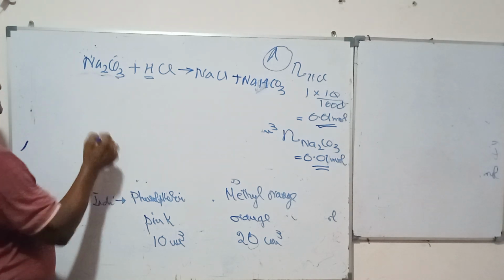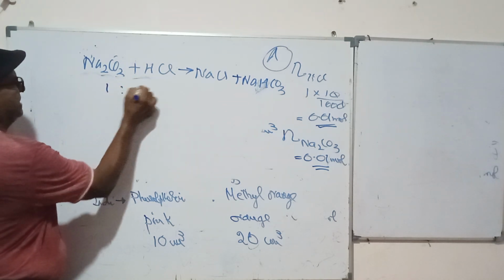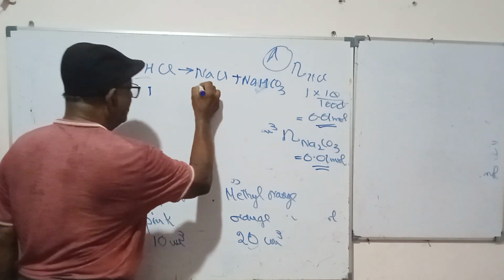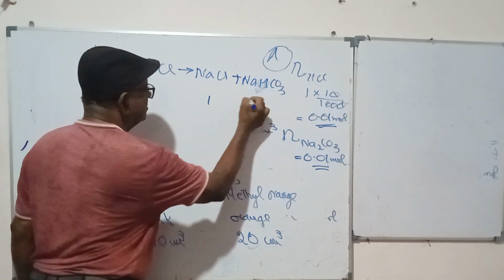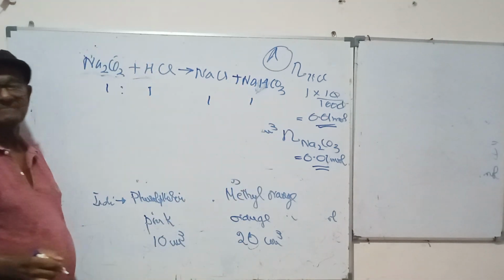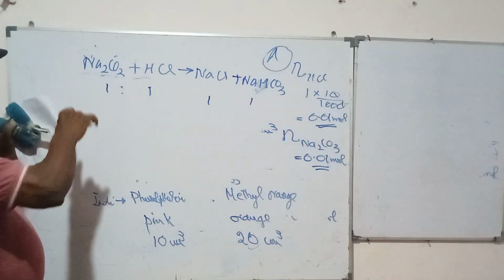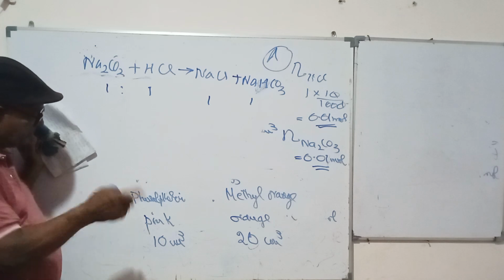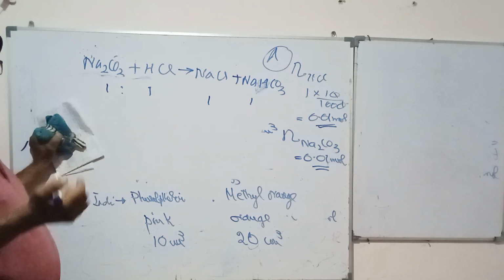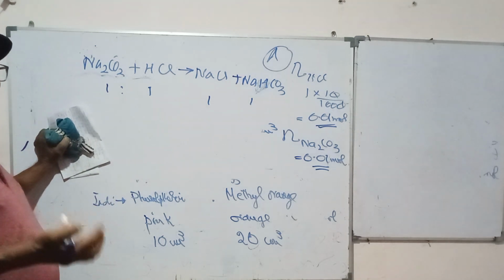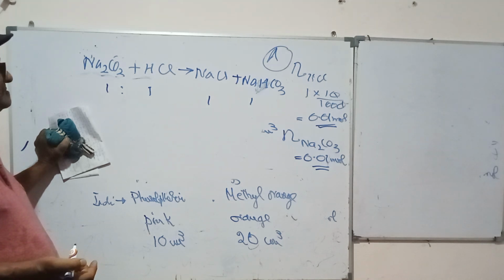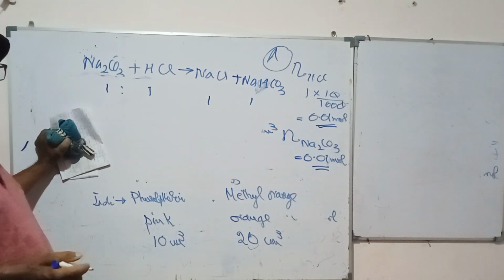Then during this reaction, they react in 1:1 ratio to give sodium chloride 1 mole and sodium bicarbonate 1 mole. When this reaction gets completed, phenolphthalein changes the color. So this is the reaction that should occur.